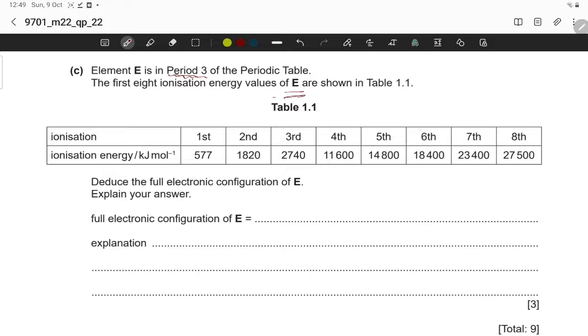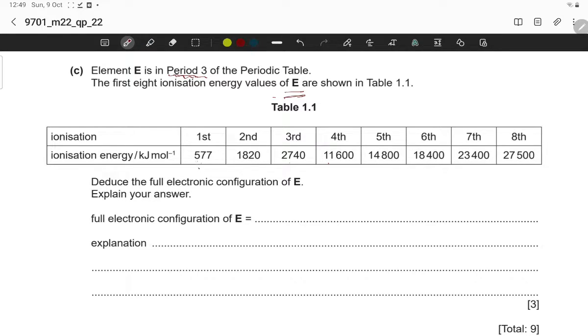So look at the ionization energies and identify the big jump between two ionization energies. So first is 577, second is 1820, third is 2740, fourth is 11,600, and fifth is 14,000.